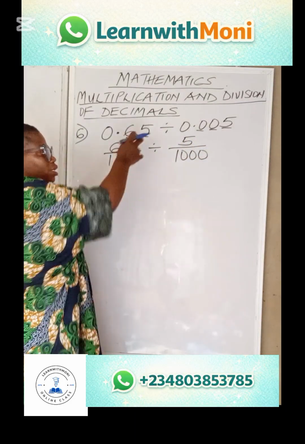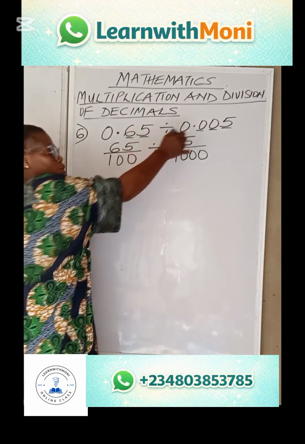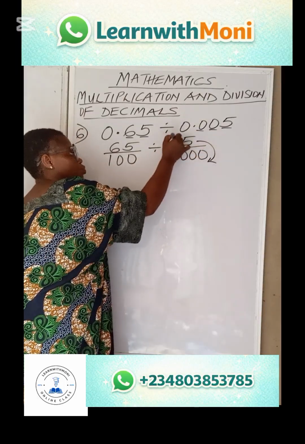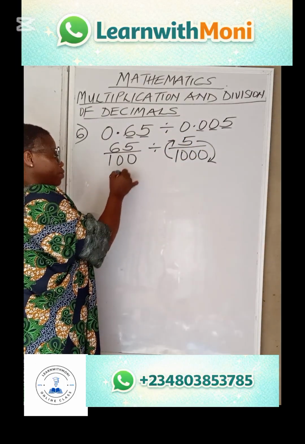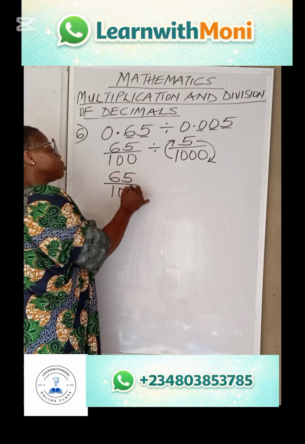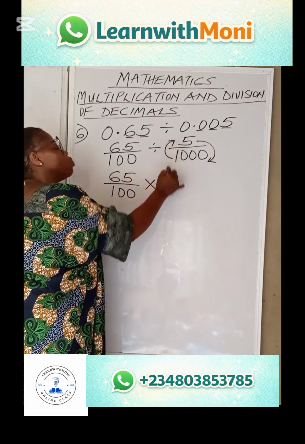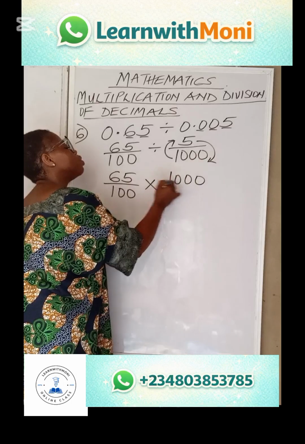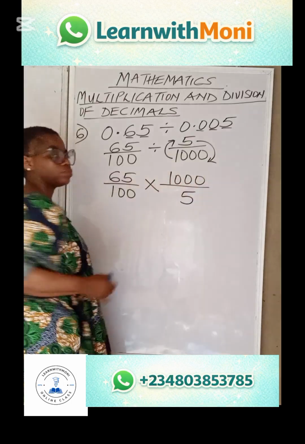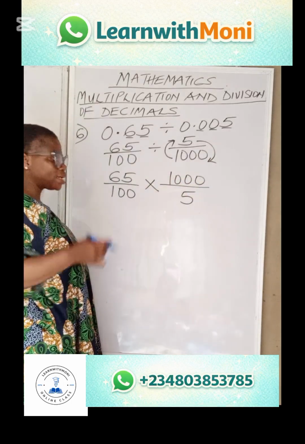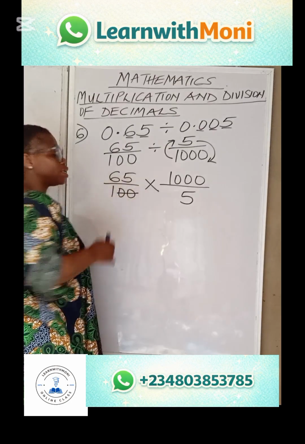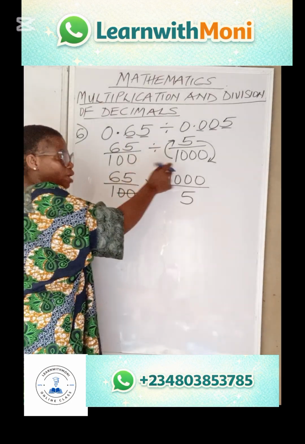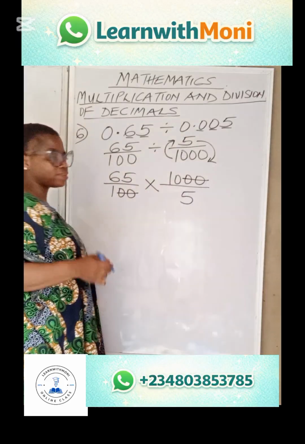So now the division will change to multiplication and the fraction will reverse, so that we have 65 over 100 times 1000 over 5. We can divide outrightly. 100 divided by 100 is 1. 1000 divided by 100 is 10.